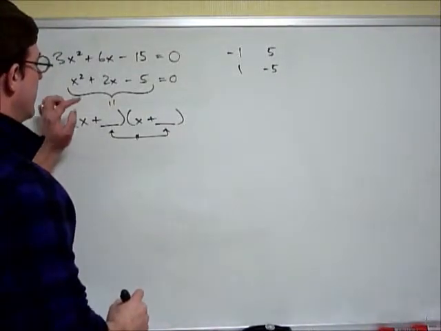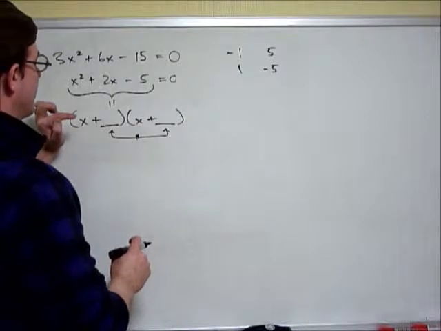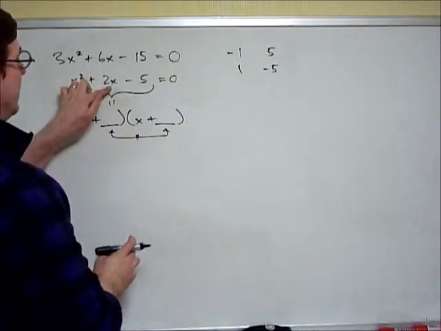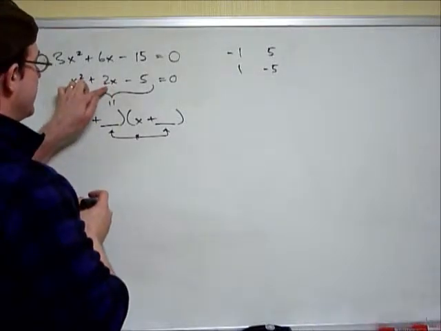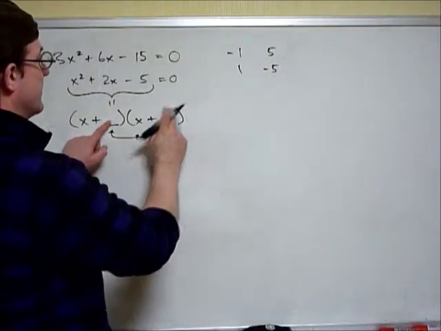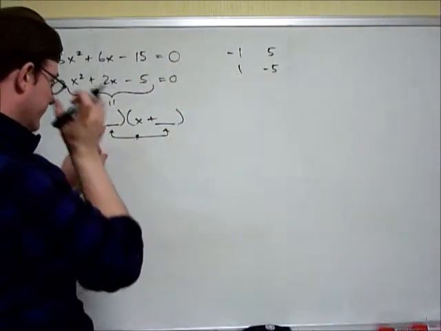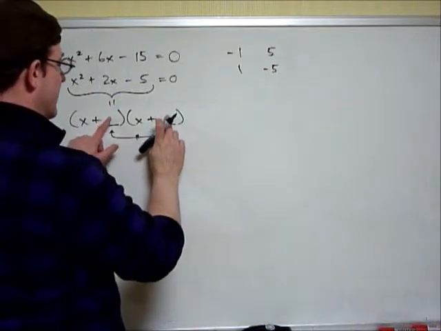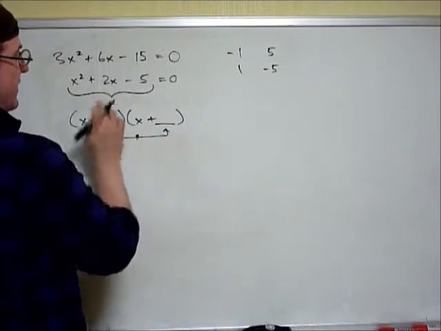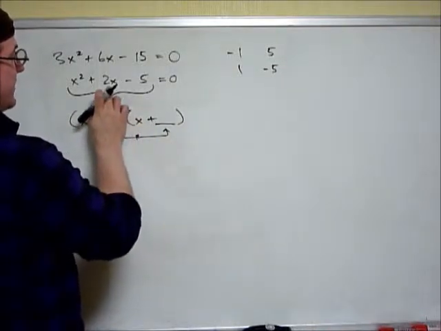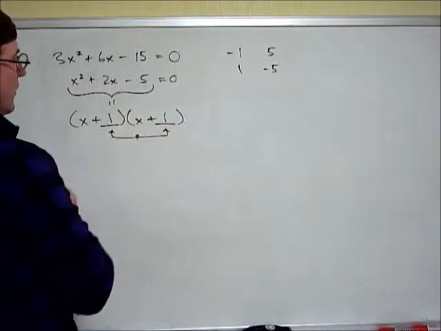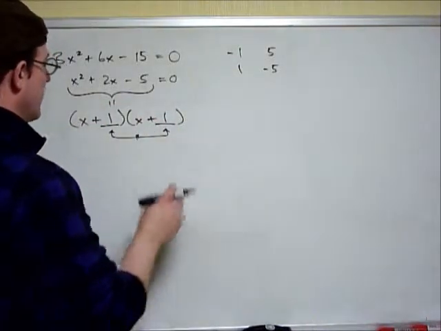And we know from our first outside-inside last FOIL technique that this middle term, its coefficient is going to be this plus this, right? Just like we were doing with factoring or with FOIL. And we also know that these two numbers are the exact same number. So if these two numbers add up to this, then each one is just half of this, right? Half of 2 is 1. 1 plus 1 is 2. What a crazy idea!